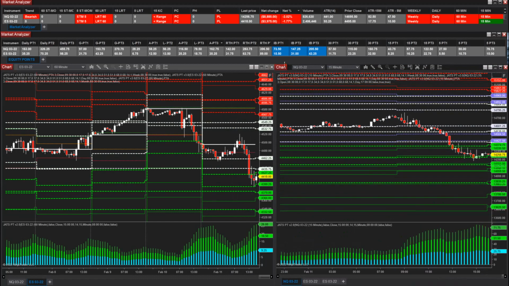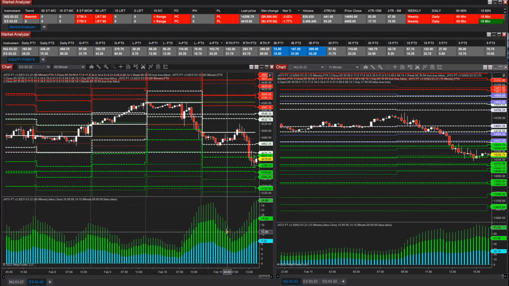Same lines. And I've got my volatility, so I know whether volatility is expanding up or down. And if it's going down, then I want to fade these lines. If it's going up, I want to break them, going out to the next levels.